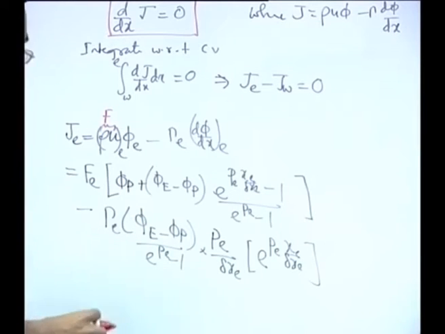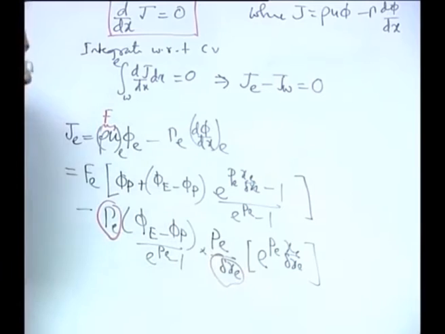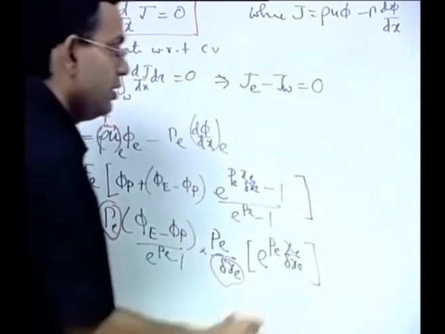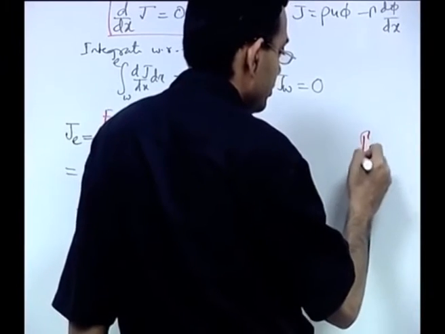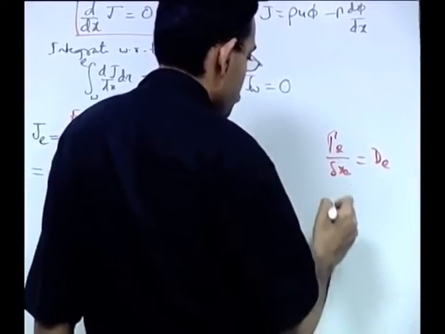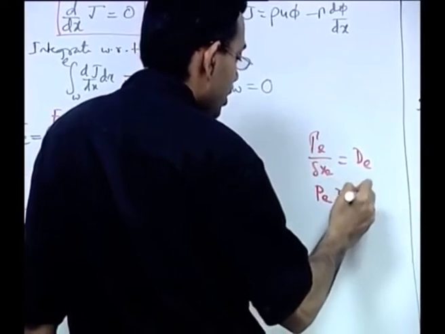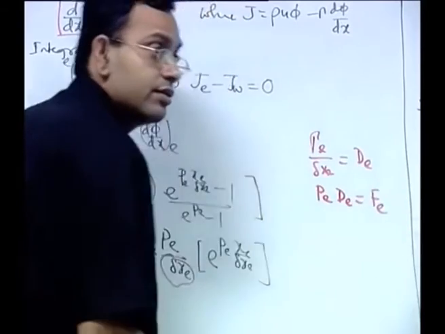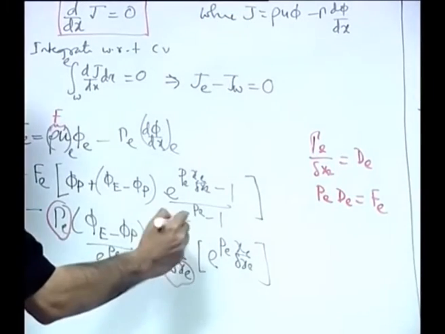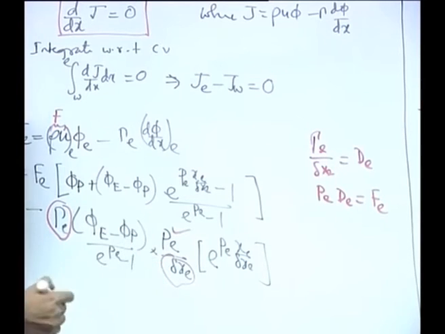Then we can observe that we have gamma e by delta x e in this term. So, gamma e by delta x e is d, and p into d is equal to f e. So, you have one p that multiplied by d makes it f e.